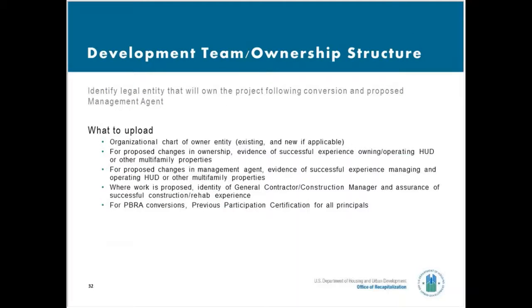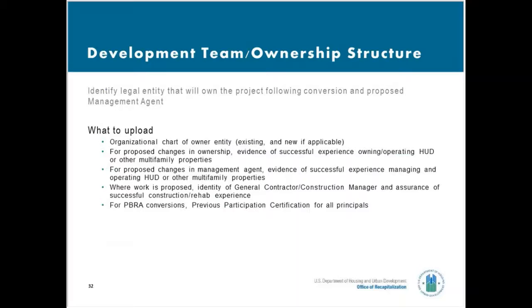So we want to know who will be running and managing this project. For the development team and ownership structure, we will need documentation identifying the legal entity that will own the project following conversion and the proposed management agent up to the RAD resource desk. So what do you upload?